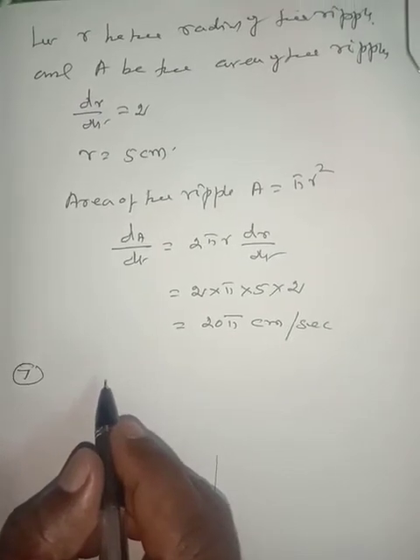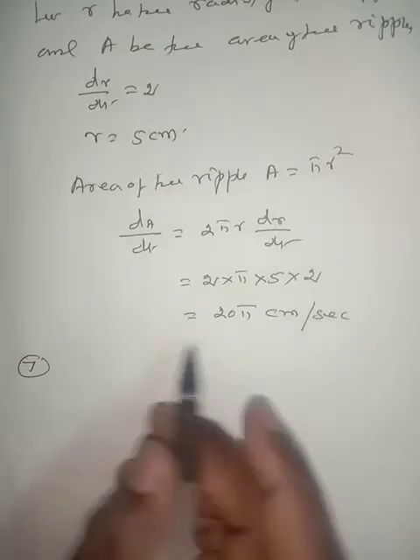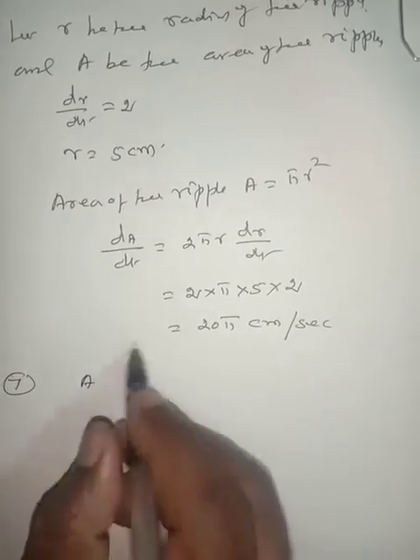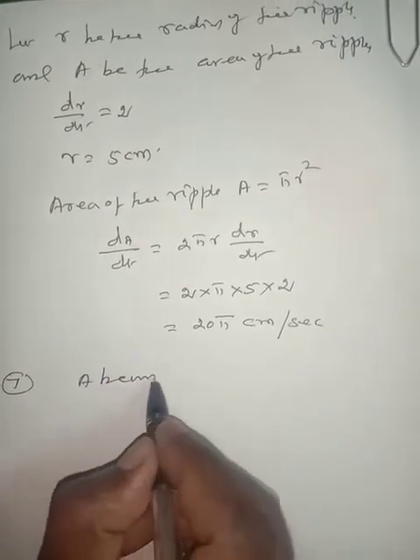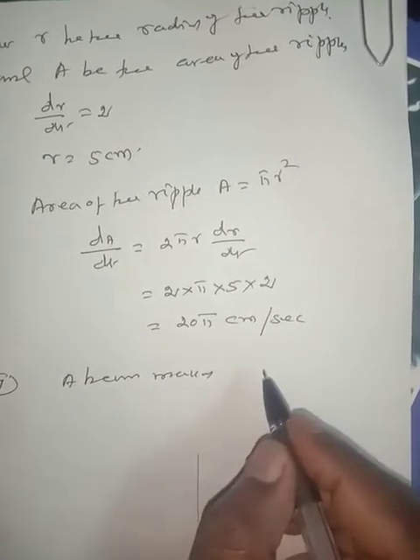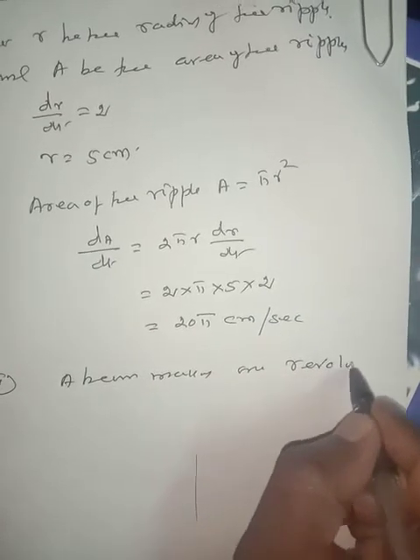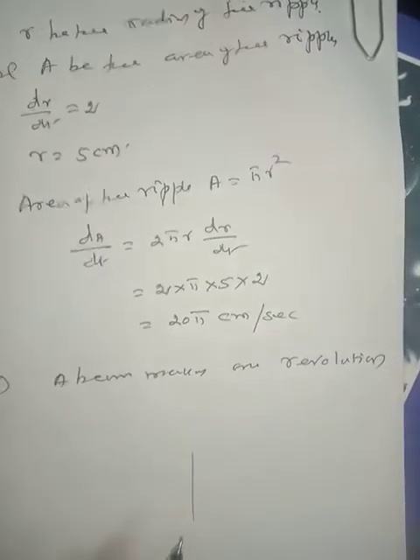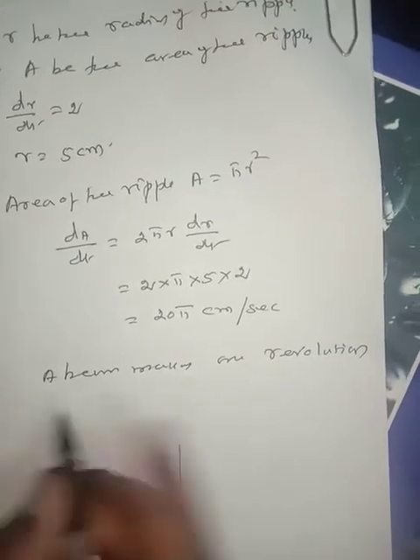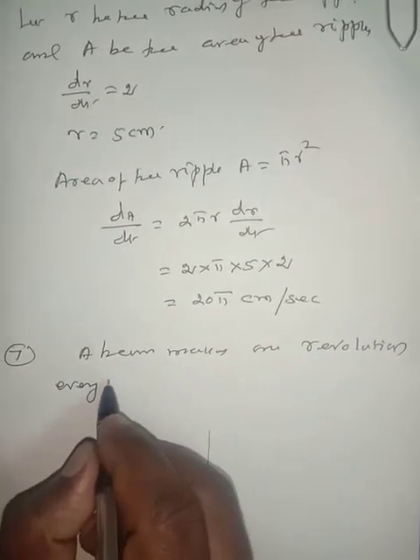Question number 7. A beacon makes 1 revolution every 10 seconds.